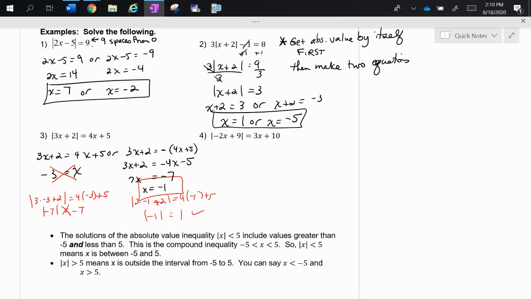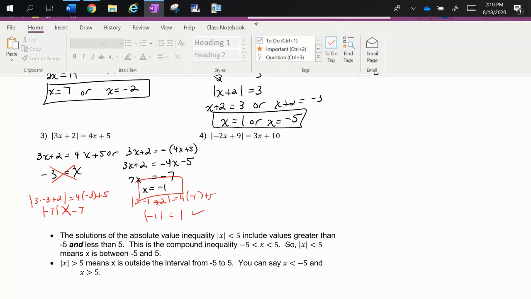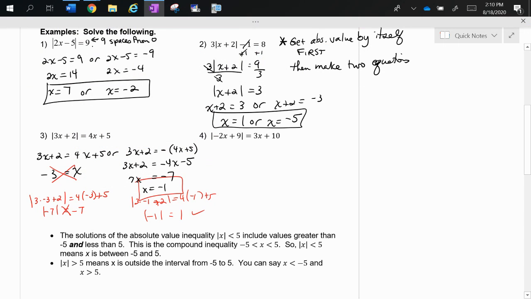Okay, let's do that one more time. Let's change our color back to black. So we're going to write negative 2x plus 9 is equal to 3x plus 10, or negative 2x plus 9 is equal to the opposite of 3x plus 10, and the opposite of 3x plus 10 would be negative 3x minus 10.